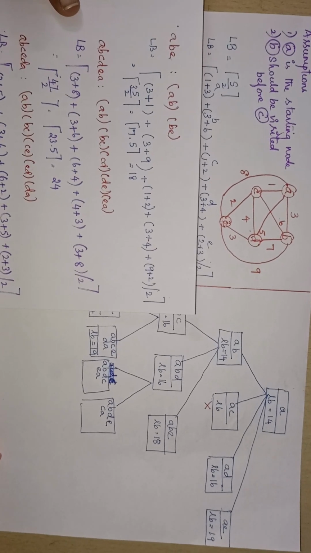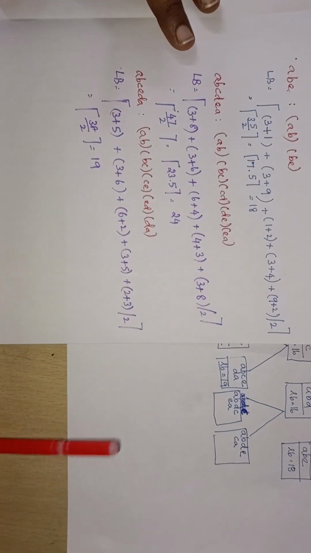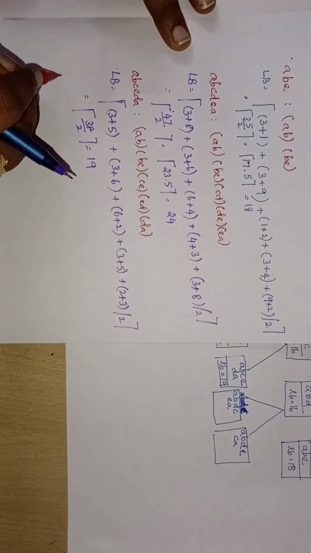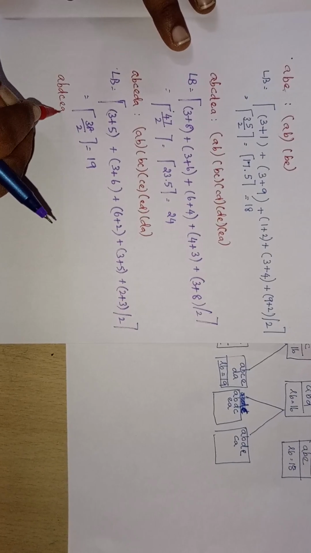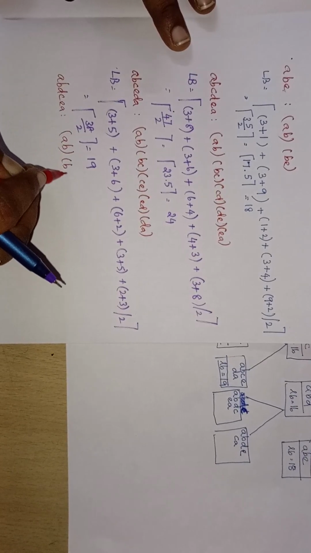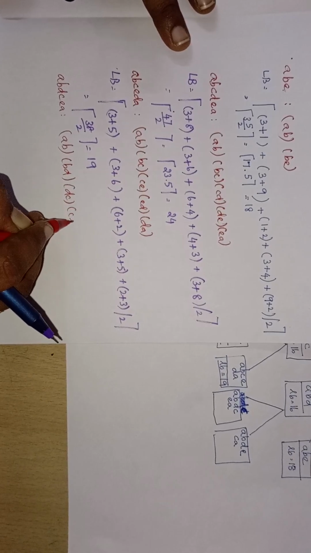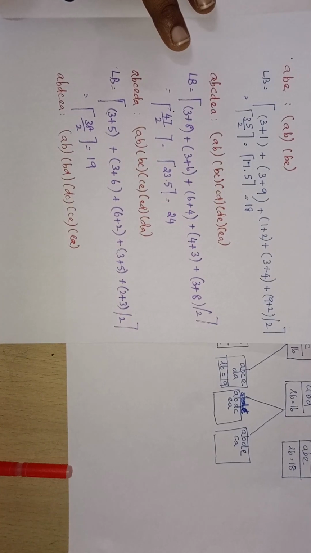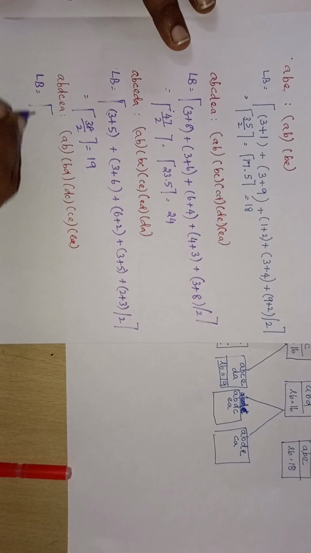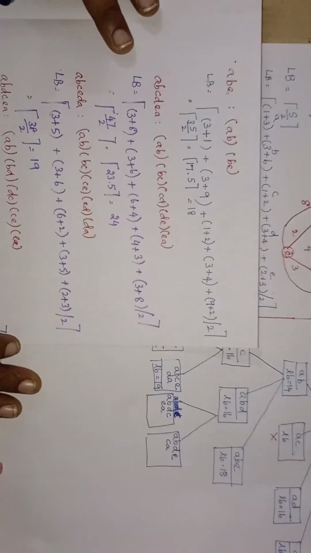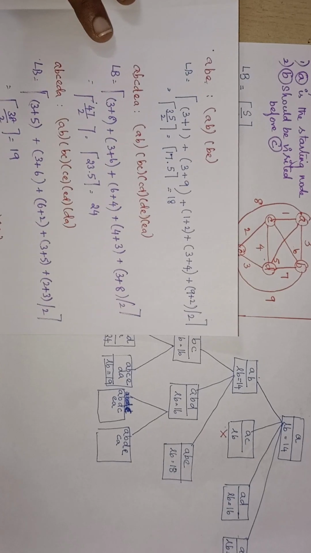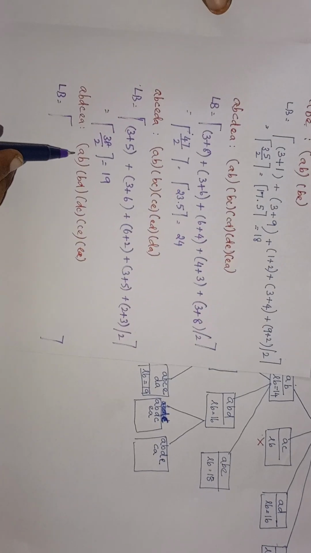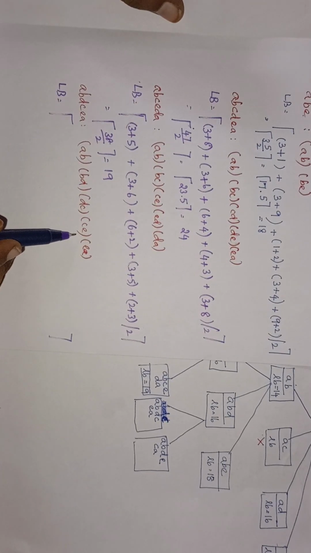Now I have to find for the next one. So it is A, B, D, C, E, A. The edges to be considered are AB, BD, DC, CE and EA. So LB is the ceiling of the following. Here is the graph. So for A, definitely I have to consider the edge AB and the edge EA.